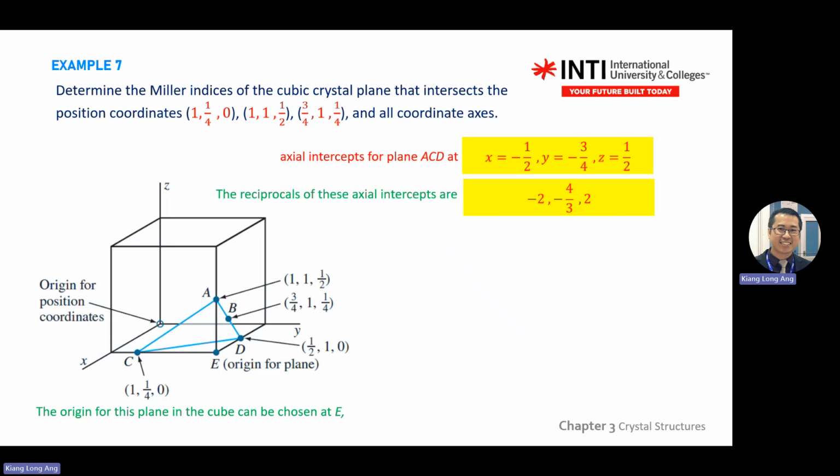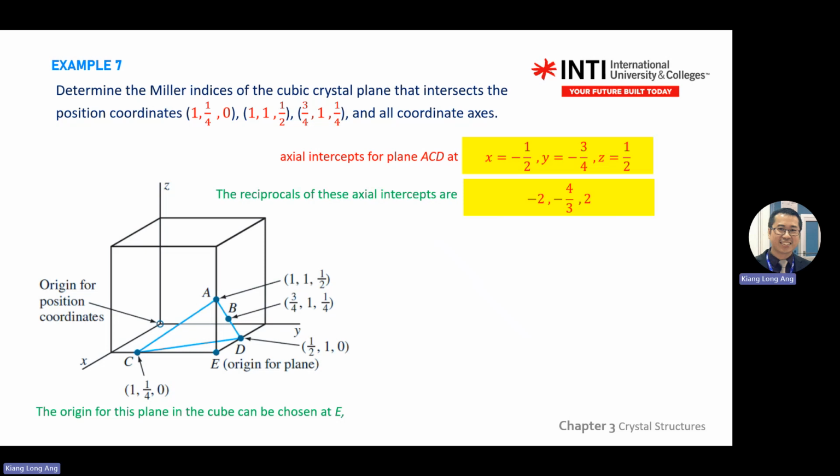So in this answer, it changes the origin from here to point E. So how many steps it moved: it moves half, minus half, it moves back in the x-axis. Then Y, it also moves back a bit, minus a quarter, three quarters. Then Z is also moved up by 1.